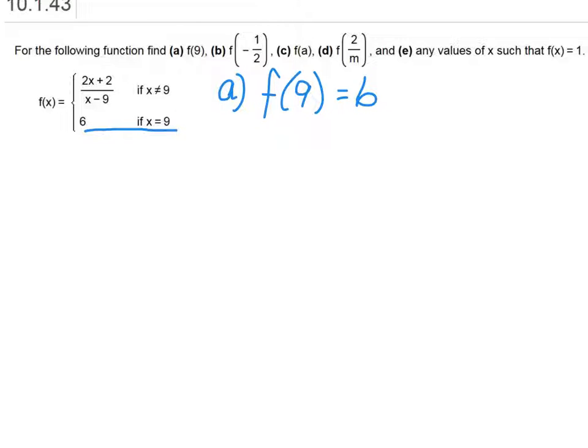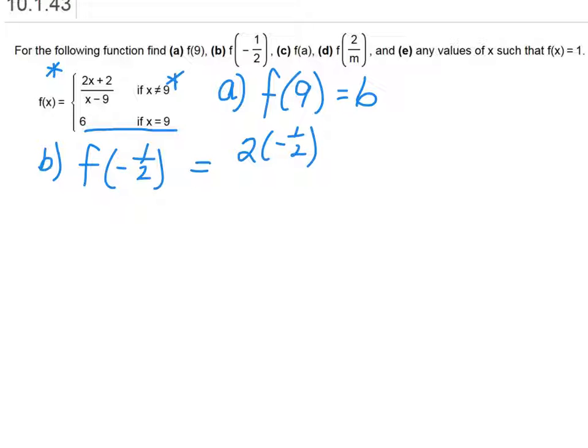Now, part B then asks us to find f of negative 1/2, which simply means that we follow the other part of the rule, because now x is not 9, and we plug in negative 1/2: 2 times negative 1/2 plus 2 divided by negative 1/2 minus 9.